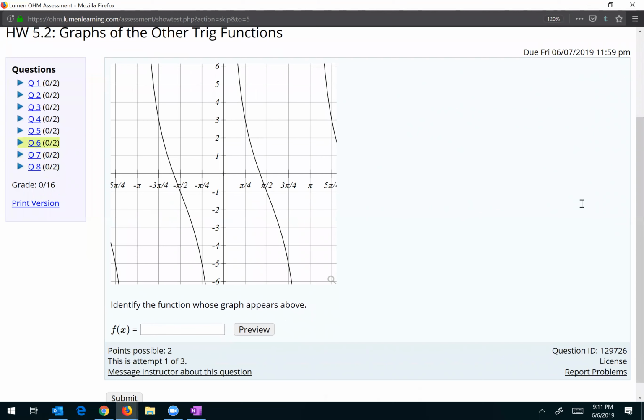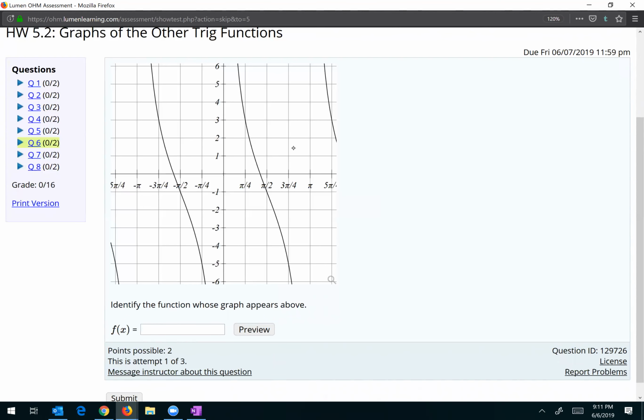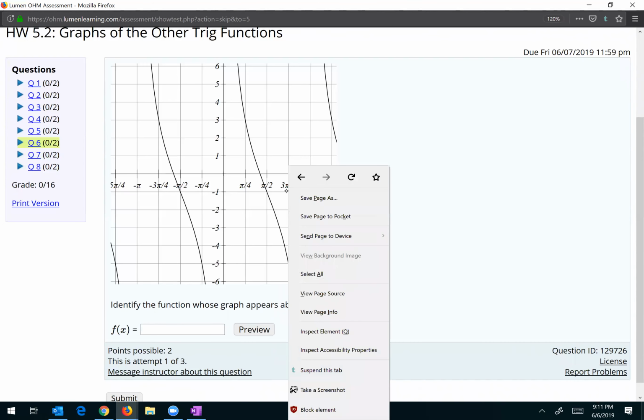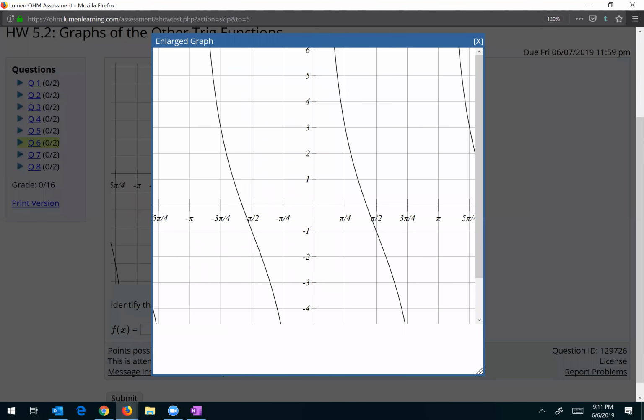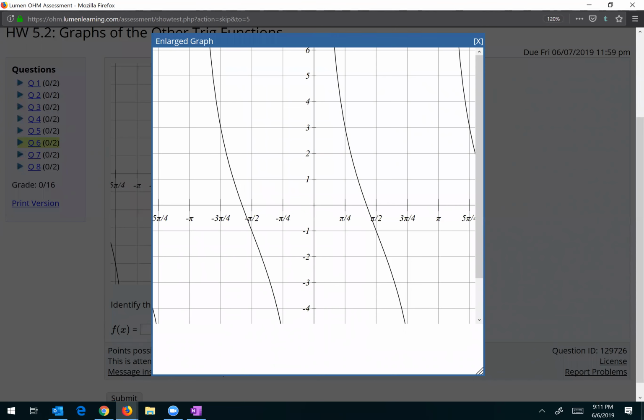So even though it's, let me see if I can. It's not letting me, let me see if it lets me do this as an image. I'm trying to copy this image into, oh, weird.